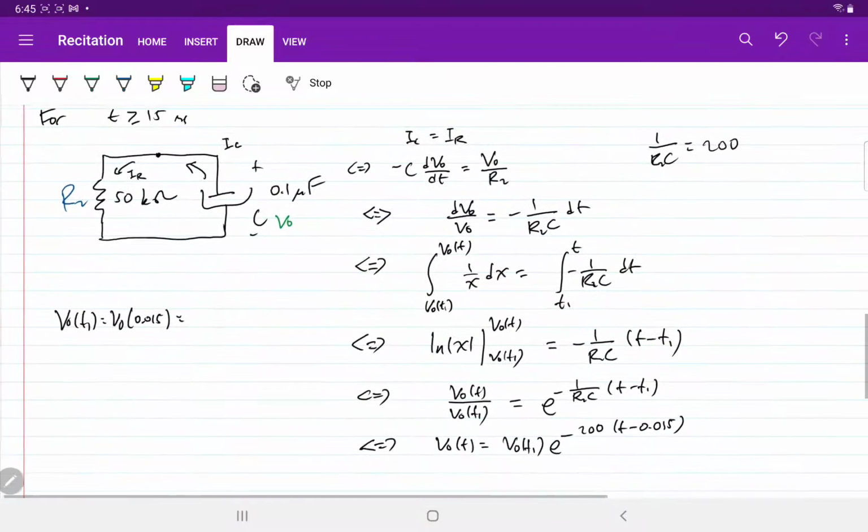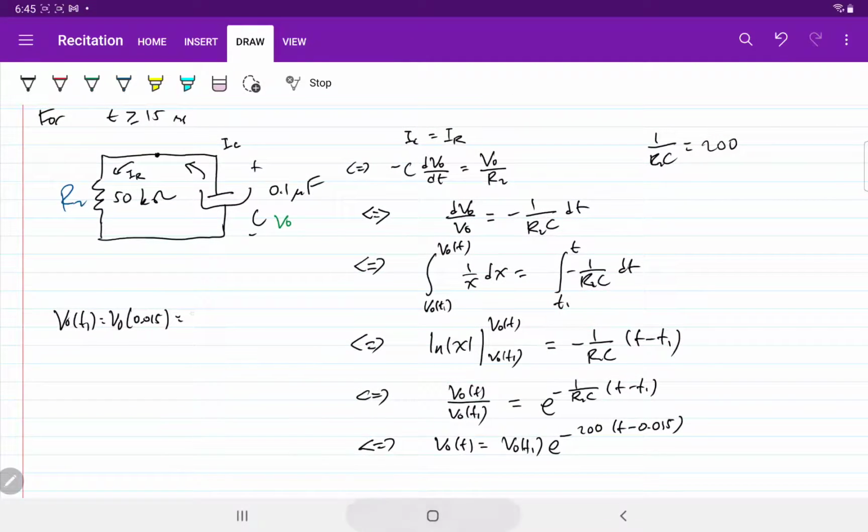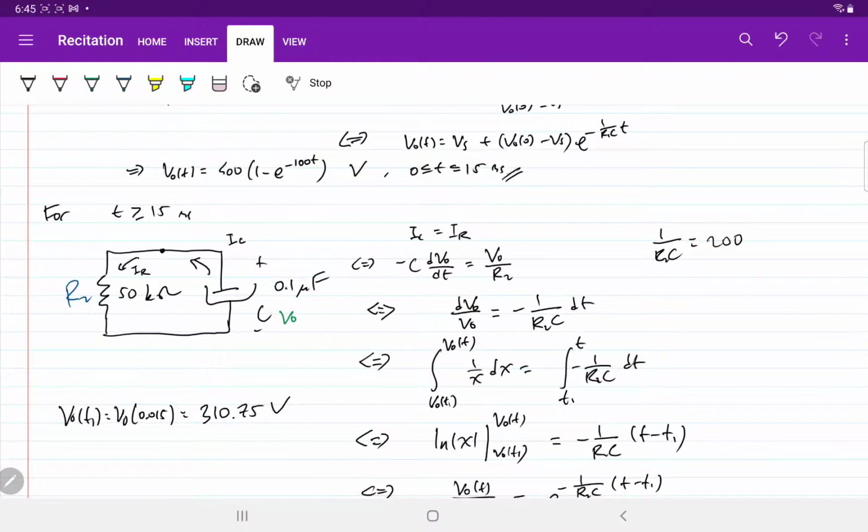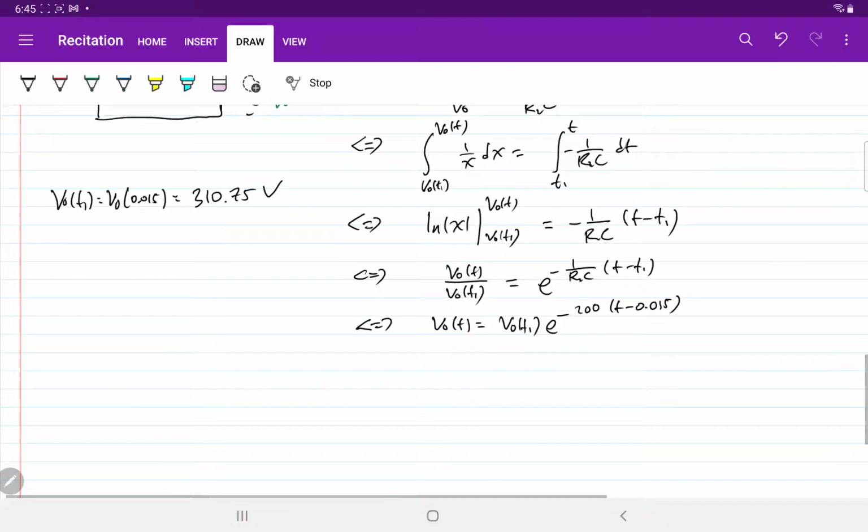This is actually 310.75 volts. So you can substitute t with 0.015 and you will get 310.75.